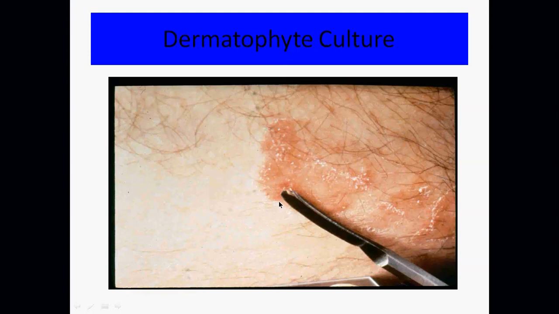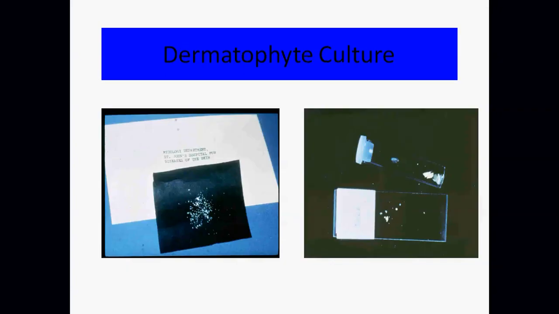So start scraping the lesion from the outer side. It is said that in the center there is usually no live fungus available. So from the outer edge of the lesion we start scraping, and this scraped skin sample is transported to the laboratory for fungal culture or diagnosis.